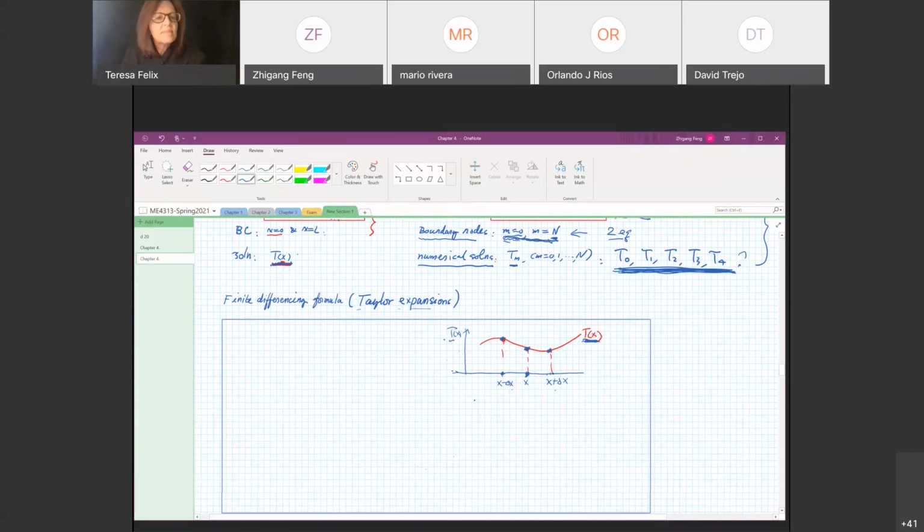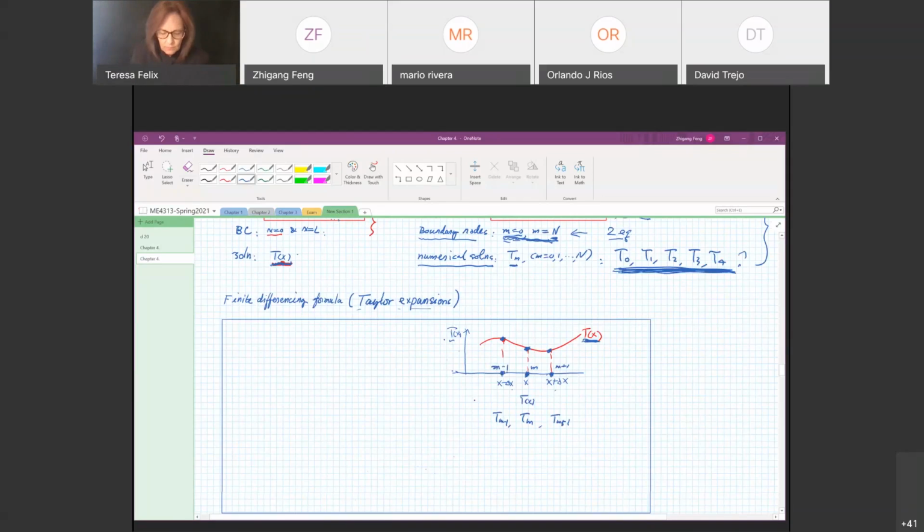For the moment, let's say we assume the temperature at this node point to be T at x. We use node m for T at x, and T at x minus delta x we use node Tm minus 1. And the temperature at this node point, we use Tm plus 1. Okay, so this node point is m, this is m plus 1. On the left side, that's m minus 1, right?